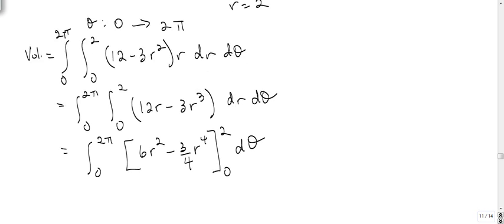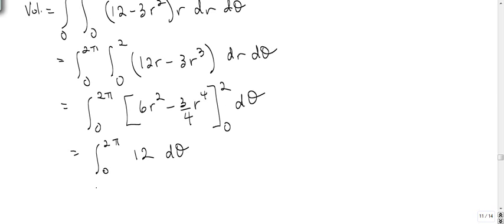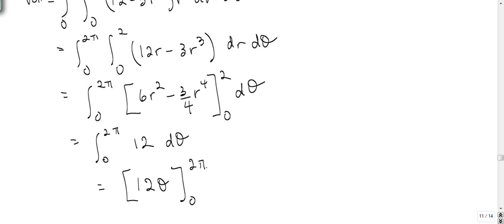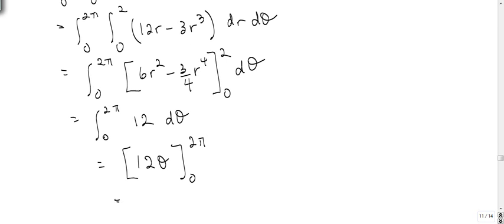When you substitute 2, you end up with 12. 0 to 2 pi, 12 d theta. Integrate 12 theta, 0 to 2 pi, and that is 24 pi. Okay.